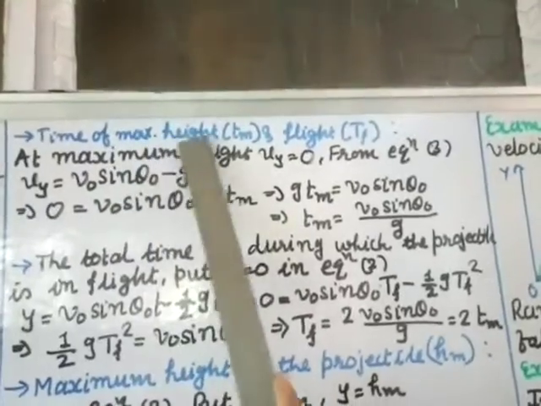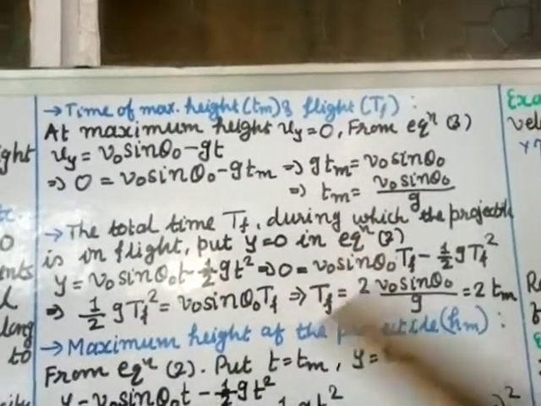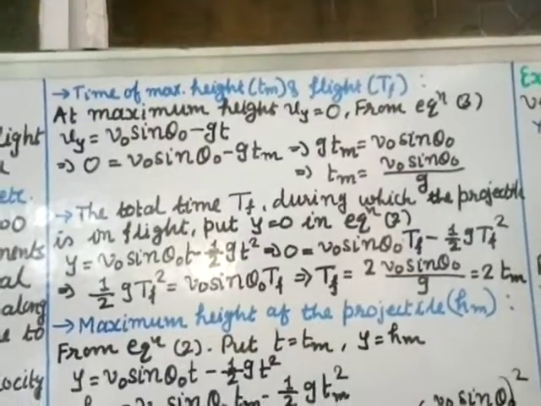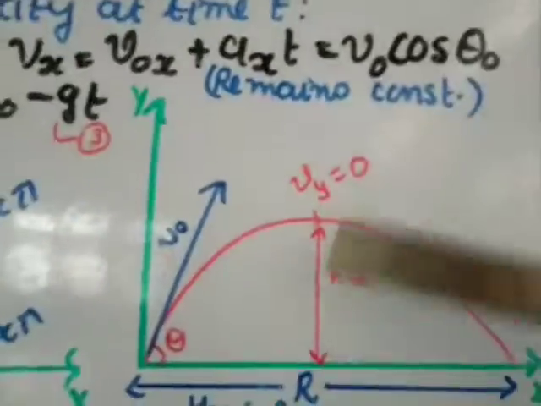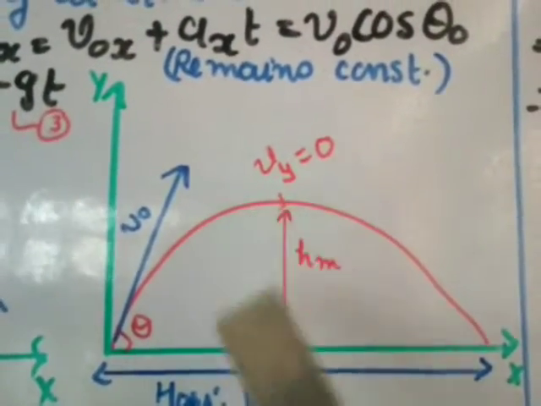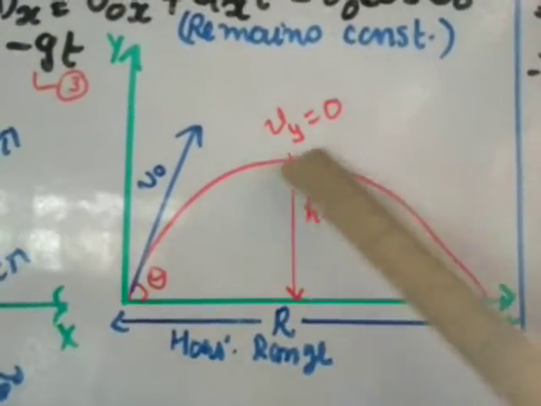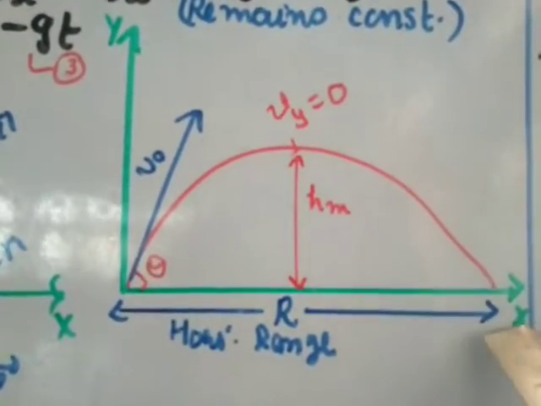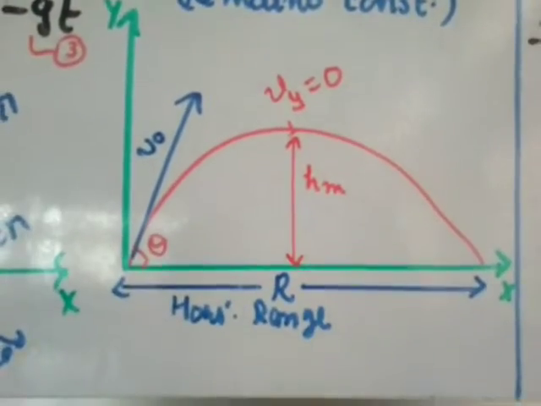Time of maximum height and time of flight. So now we'll find when it is reaching the maximum height, how much time it is taking, and the time of flight. The maximum height is somewhere here, in the middle. When it reaches maximum height, the y component of velocity becomes 0, after which it starts moving downward. So we have to calculate the time taken to reach this height.